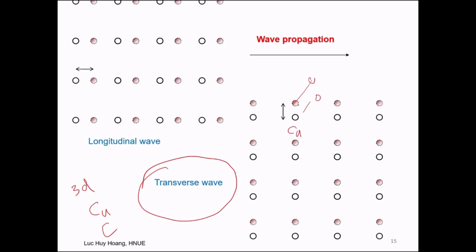And if this plane has only one kind of atom, the vibrations of the atoms in one plane are identical. So this means that if we know the vibration of one atom in this plane, we know the vibration of every atom in this plane.